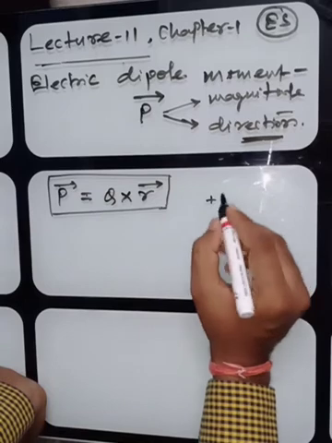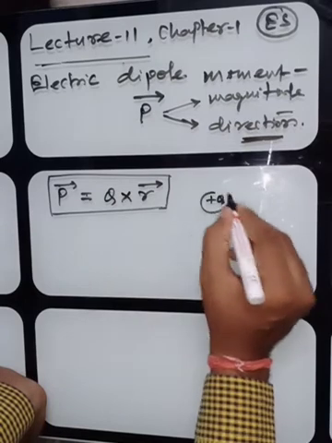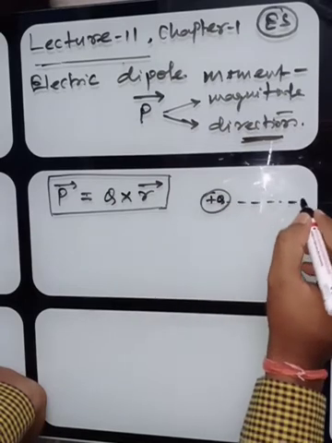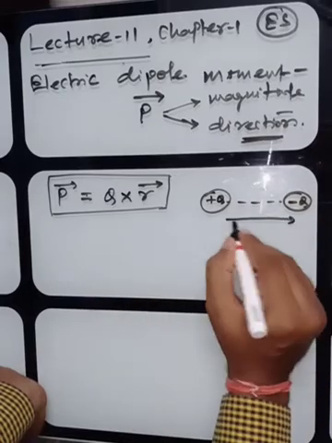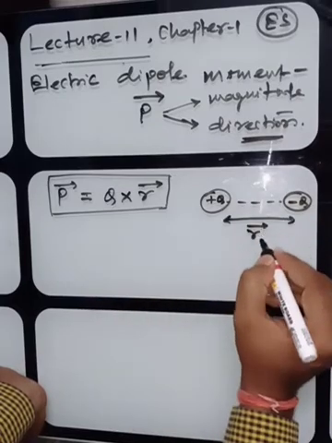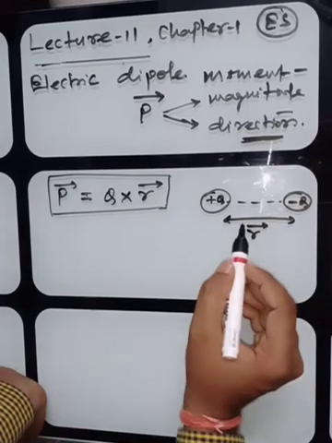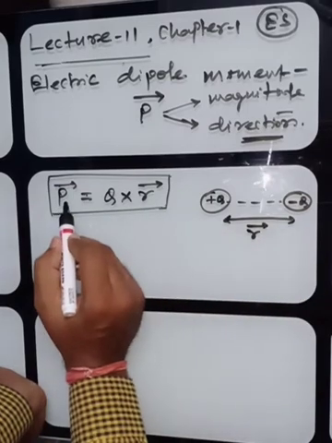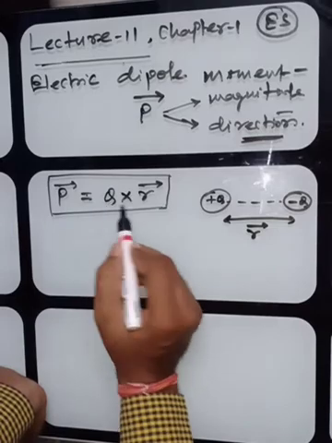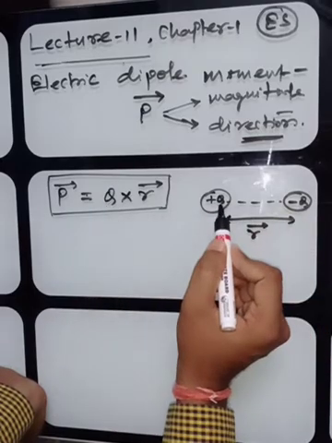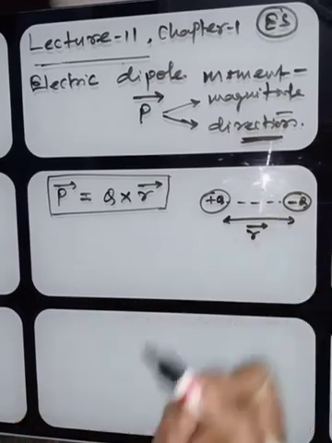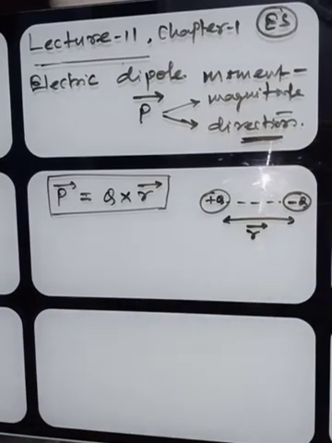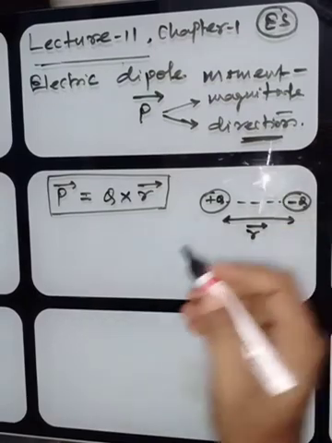Suppose this is the charge Q, then another charge is minus Q, and this is the small vector separation between these two charges, R. So the electric dipole moment you can write as P equals Q times R. It is the magnitude of either charge, here Q and Q are the same. Usually you will find the definition or mathematical formulation written in your book this way.